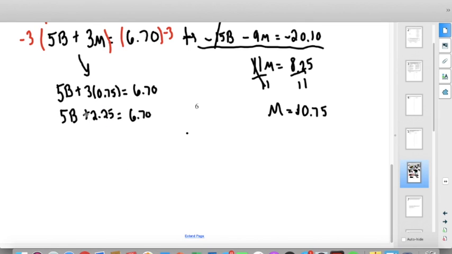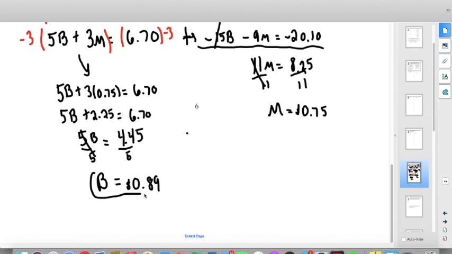Okay, and hopefully you guys can solve this now. 5b, subtracting 2.25, 4.45, divide by 5, divide by 5. So b is equal to 89 cents.